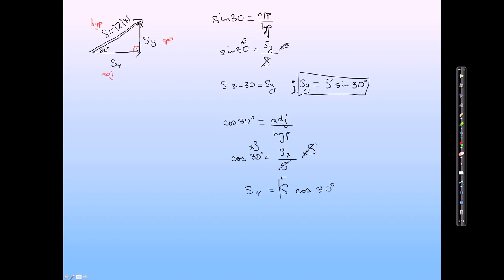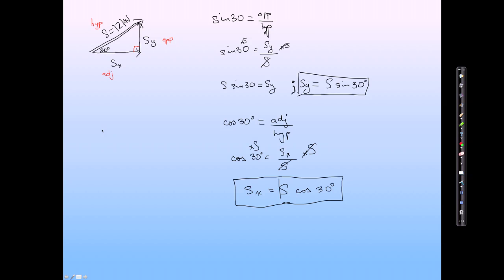Now, don't get too hung up on this idea that x involves cos. In this case, that's true. Y involves the sine of this angle. But don't get too caught up on that, because you might not be given that angle.